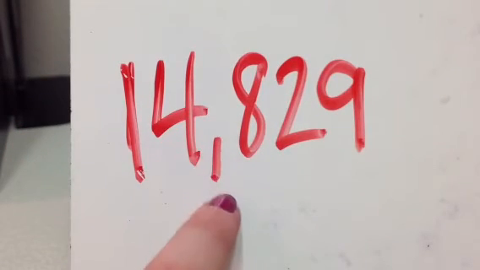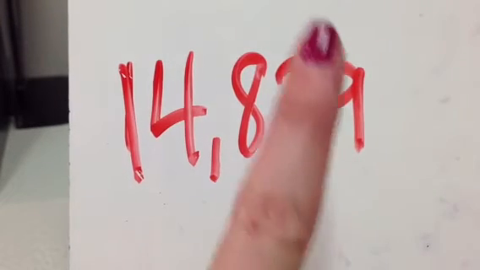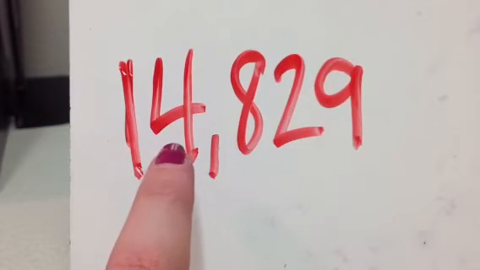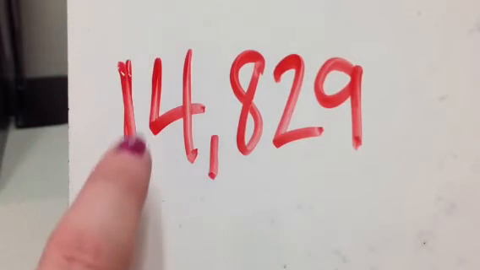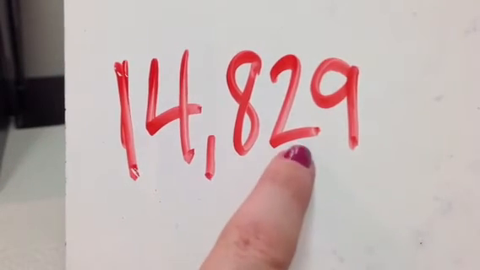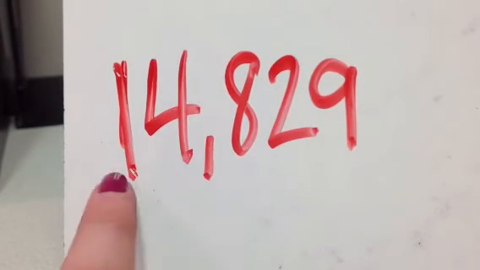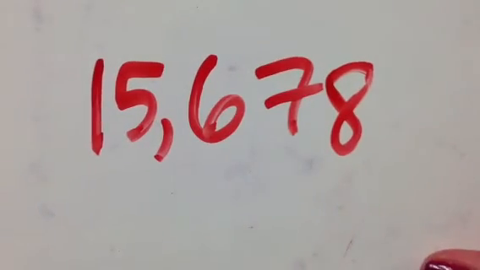So again, I say the thousands when I hit the comma, and I have a 9 in the ones place, a 2 in the tens place, 8 in the hundreds place, 4 in the thousands place, and this spot right here we actually call the 10,000s place. So just like the second spot over this way is the tens place, the second thousand spot over is the 10,000s place.